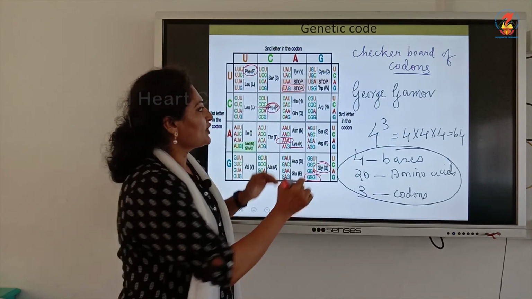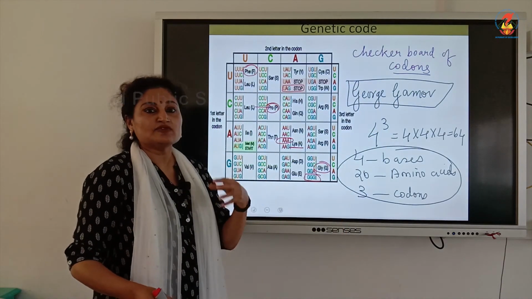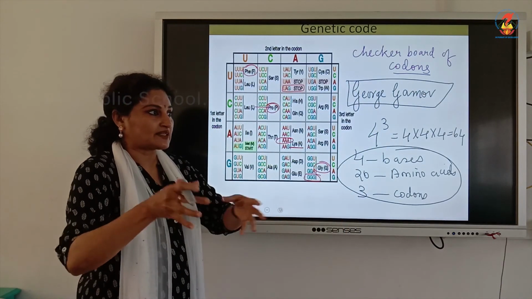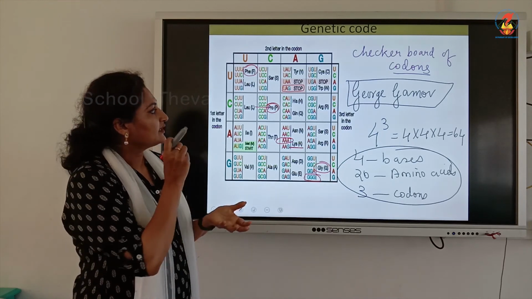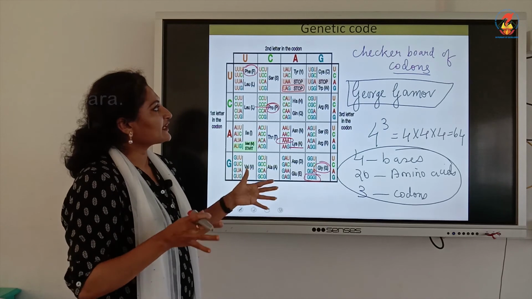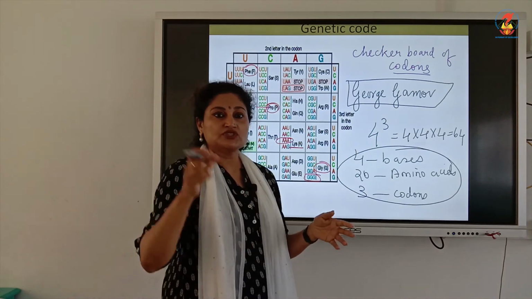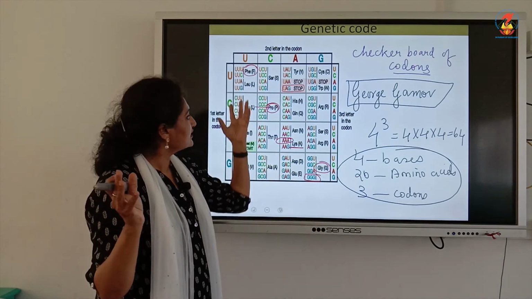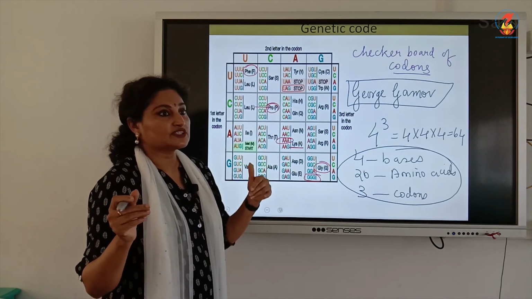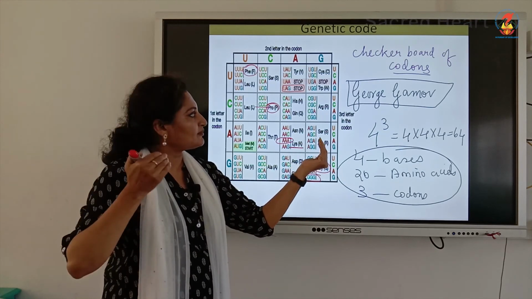So now this is credited to George Gamow. Actually, he is a scientist in physics, but he brought in this mathematical logic and implemented it here, presenting it in an organized way, in a checkerboard form. Okay, we have come across checkerboards in genetics, working genetics problems, but those only deal with two options, from top and side.